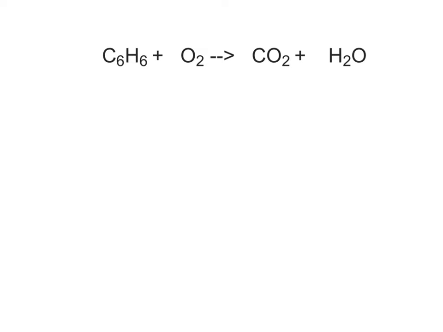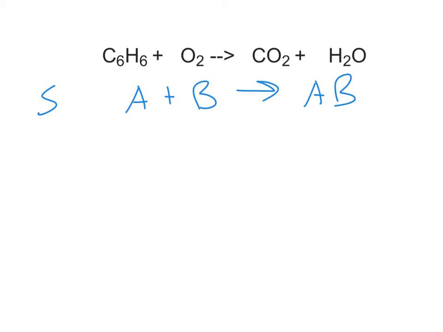So I'm going to remind you of your types here. You have 5 types. You have a synthesis reaction, which follows this format: A plus B goes to AB.